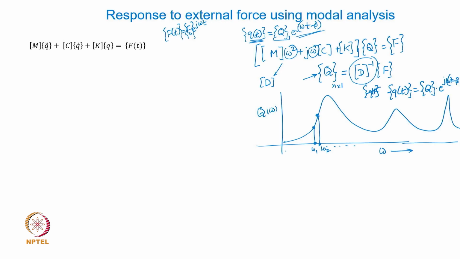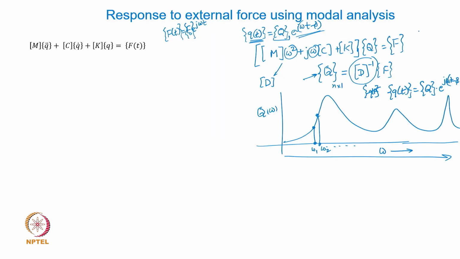So, to get this entire response spectrum, the response values at all the frequencies of interest, each time I have to invert this entire matrix. And imagine that this matrix is for, let us say, 5000 degrees of freedom. Every inversion is going to take a hell of a time.